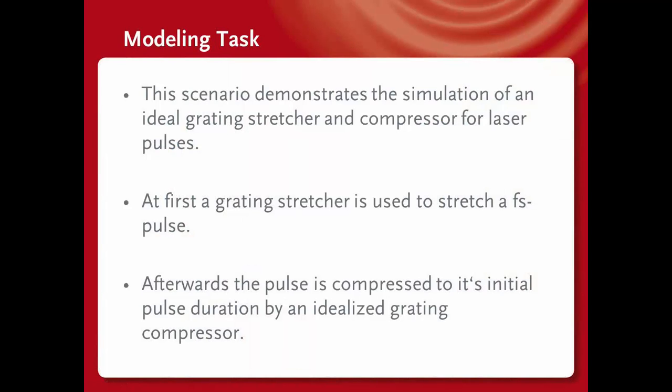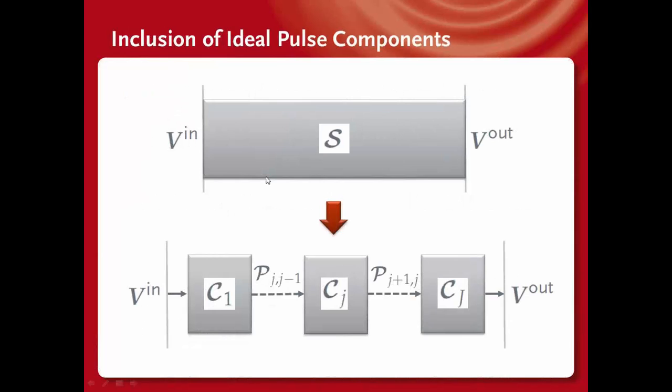So in this scenario, we will do the simulation of a grating stretcher and compressor for laser pulses. The first component is a grating stretcher and is used to stretch the femtosecond pulse, and afterwards we use the compressor to recompress the pulse to get its initial pulse duration. As I already mentioned, in VirtualLab we have two options to simulate such components. We can use idealized models and realistic models where we really know the geometrical structure.